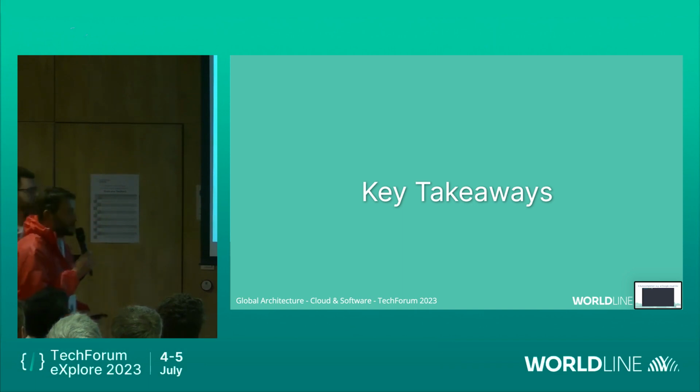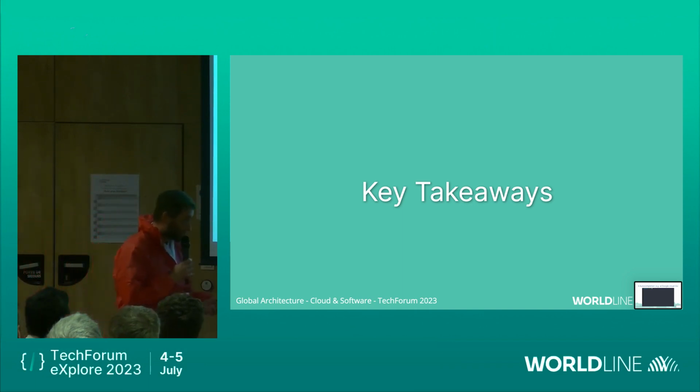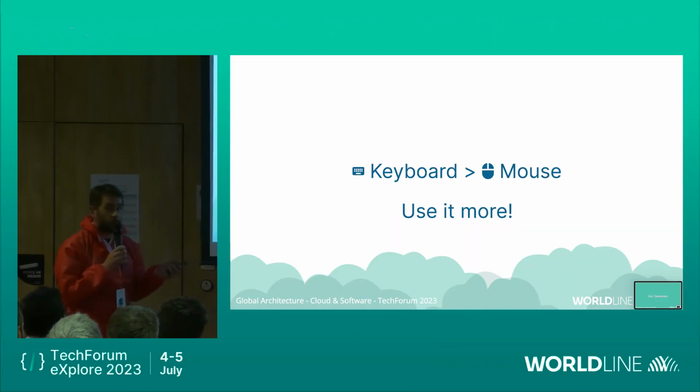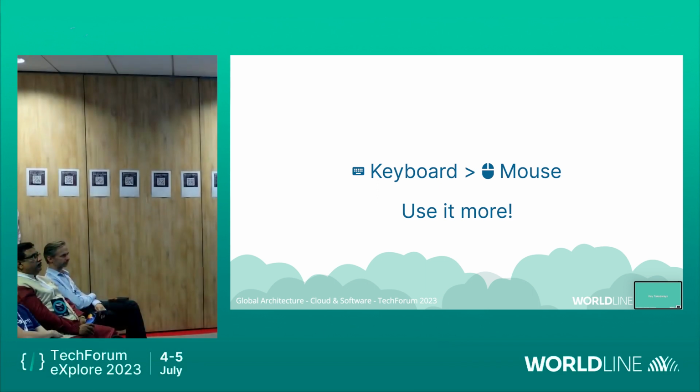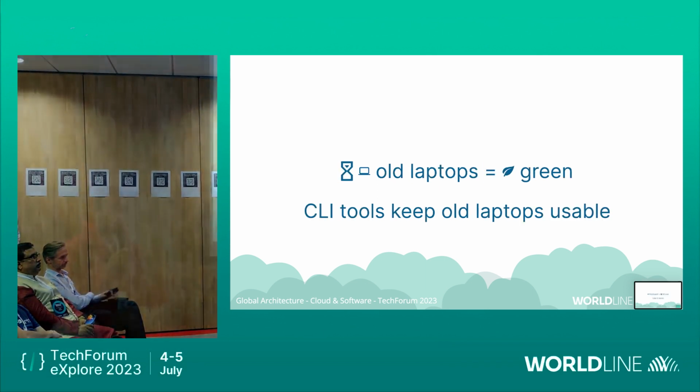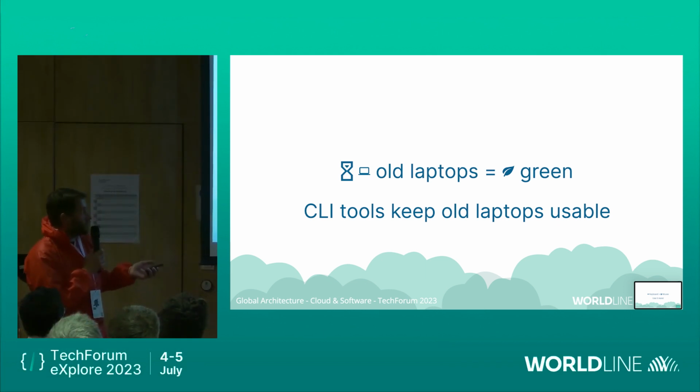So, some key takeaways from that. First one, you have seen that keyboard is faster than mouse, and that you should use it more. Scientific facts. Second one, all laptops are green. CLI tools keep your old laptop usable.